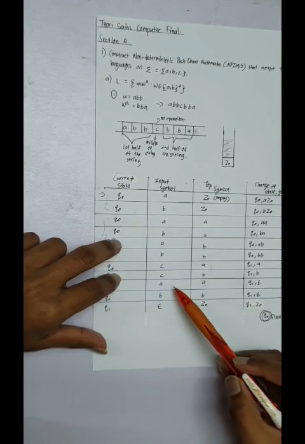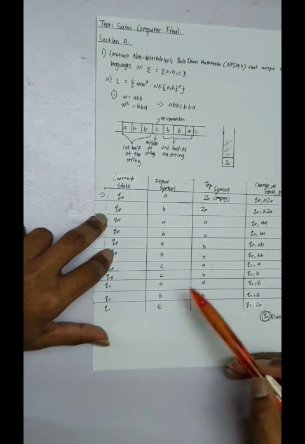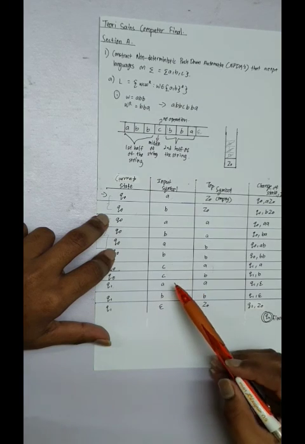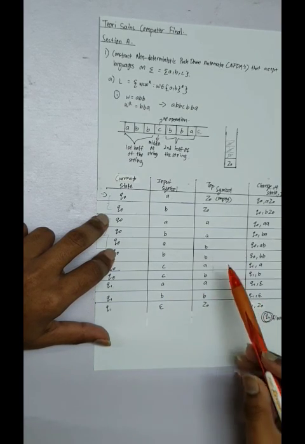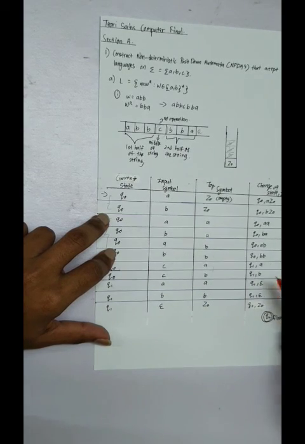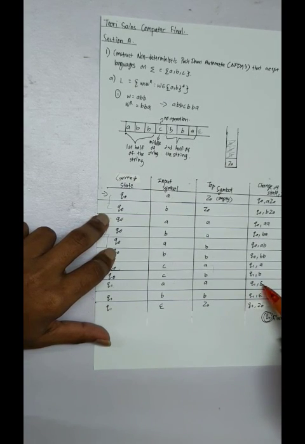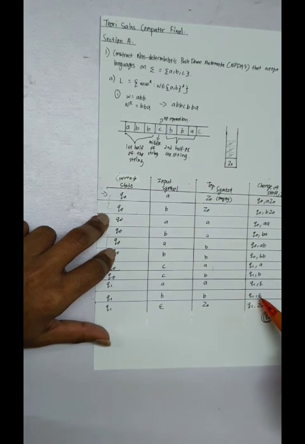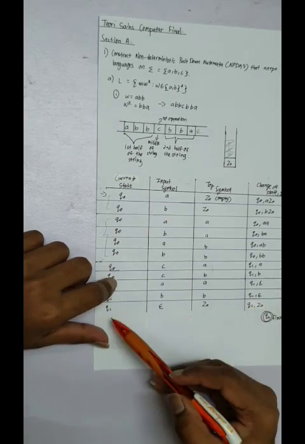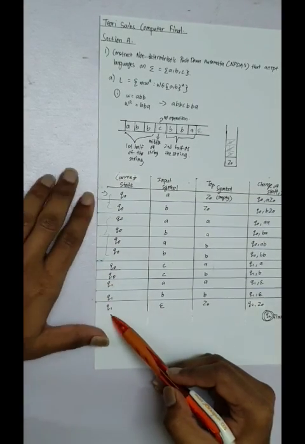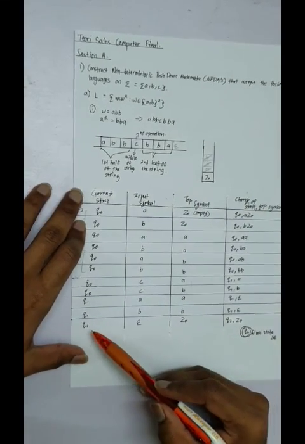So when the input symbol is a or b, the topmost symbol must be a or b. When the input symbol is a, the topmost symbol must be a, so that we can cancel both a's and create an empty set, epsilon. When the input is b, the top symbol must be b, so we can create another epsilon. The state doesn't change, still remaining at q1.